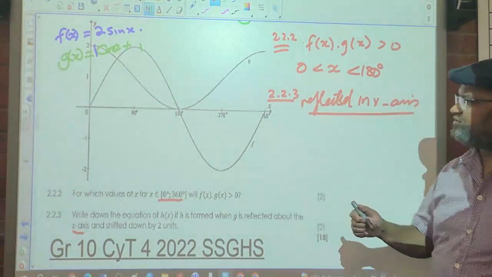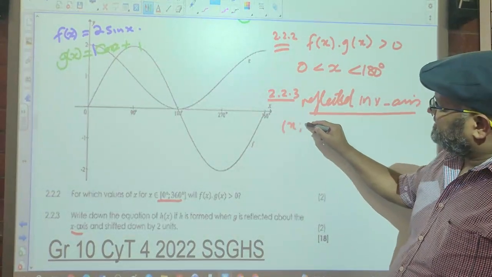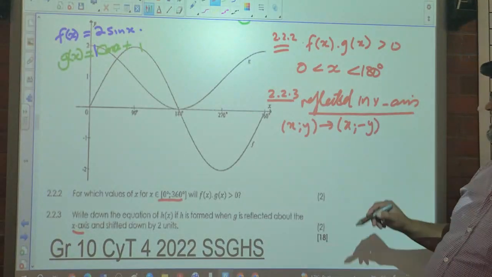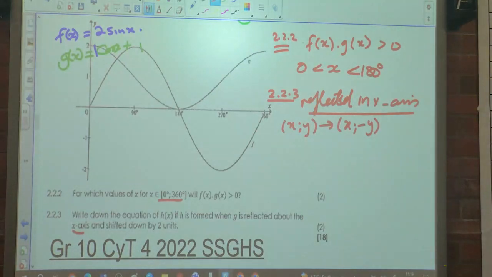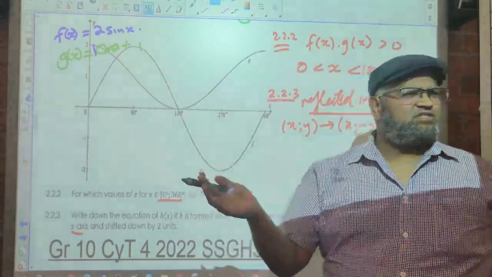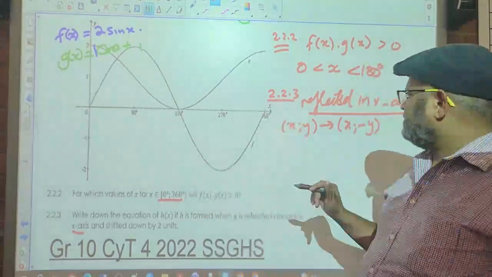Where does negative go to? When reflected in the x-axis, y becomes negative. If something is reflected in the y-axis, x becomes negative. As we did in normal functions, in normal parabolas, same story.